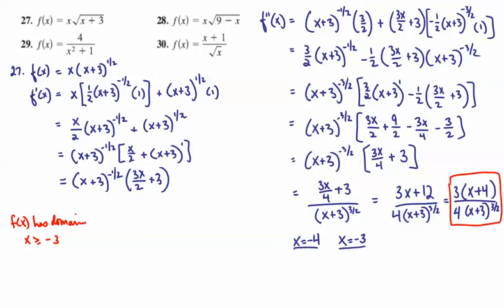And if that's the case, then for all values of x greater than negative 3, we can pick any value, plug in x equals 0, and you'll see that our second derivative will always be positive.